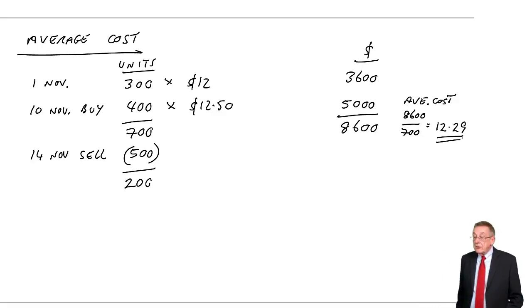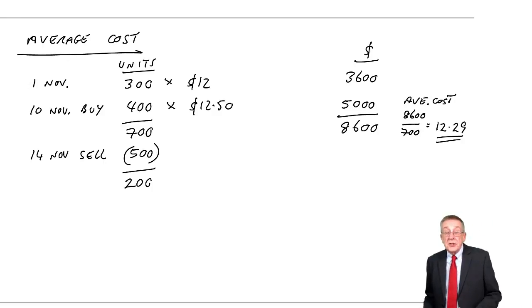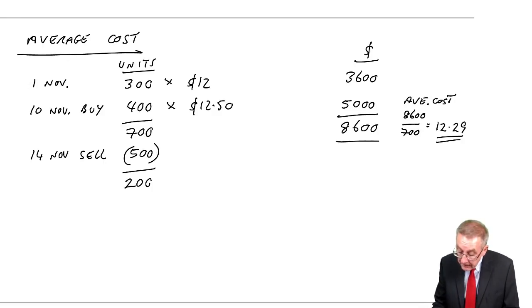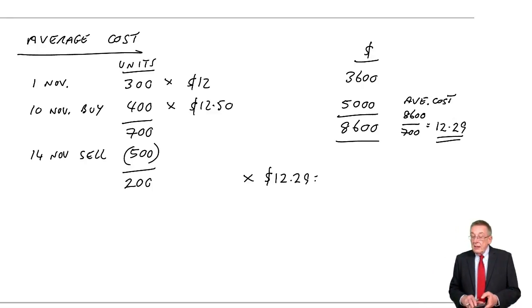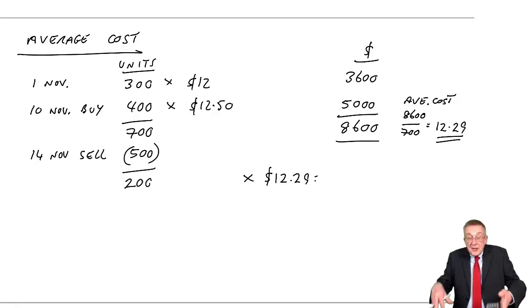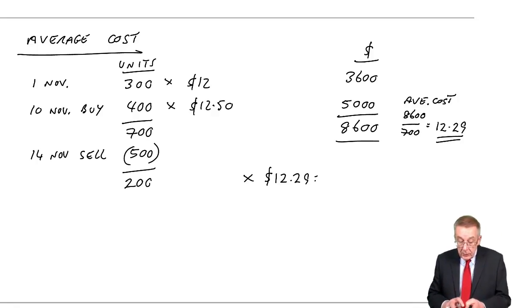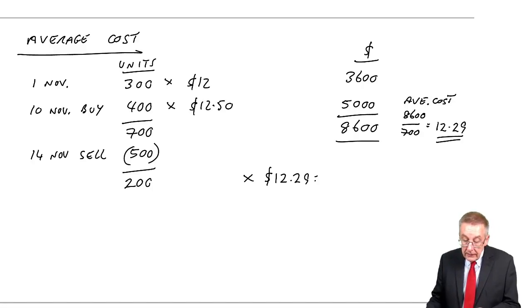So I did have 700 units at $12.29. And so we say, well, we sold some of them. 200 of those units are still remaining. We'll value them at $12.29. It was 200 of those 700, and so those 200 would have a value of 2,458.